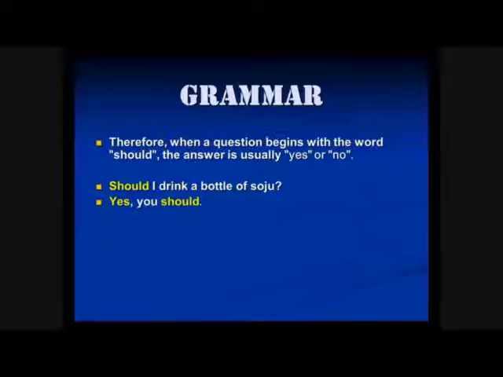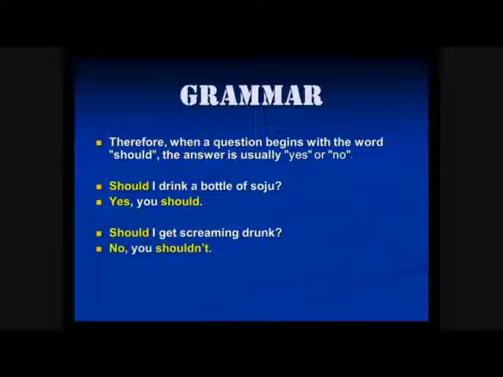Yes, you should. Example: should I get screaming drunk? No, you shouldn't. Please note, polar questions are also known as yes-no questions.